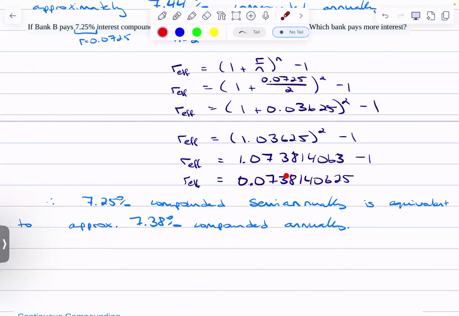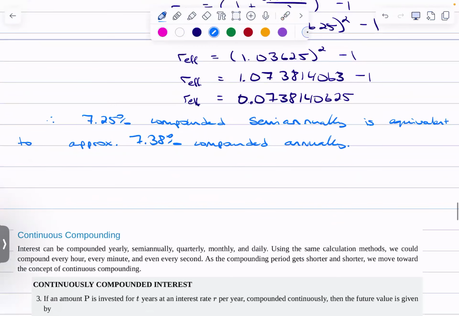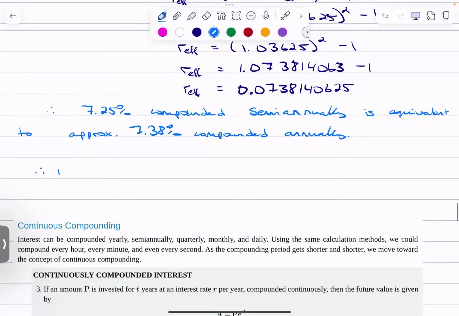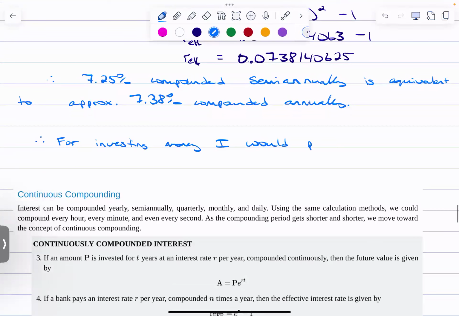Whereas if I'm borrowing money, of course, I want the 7.38 instead of the 7.44. Therefore, for investing money, I would pick bank A.